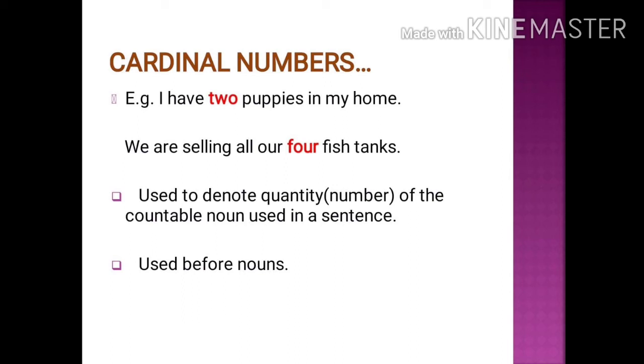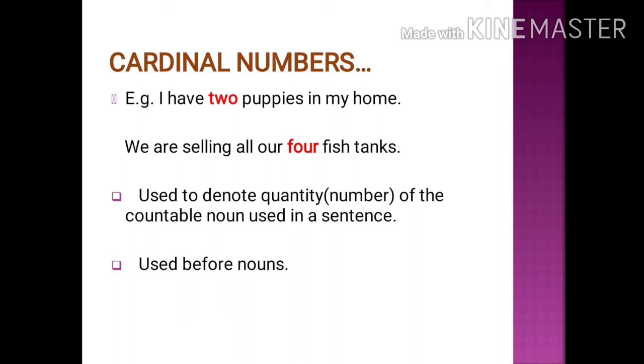Puppies, fish tanks, pens, chairs. Whenever I am going to denote the quantity of countable nouns like these, I should use cardinal numbers in front of these nouns. So, cardinal numbers are used to denote quantity of a countable noun. That's why I say they are used to denote quantity of the countable noun used in a sentence.